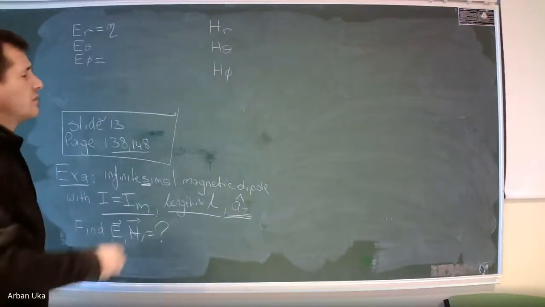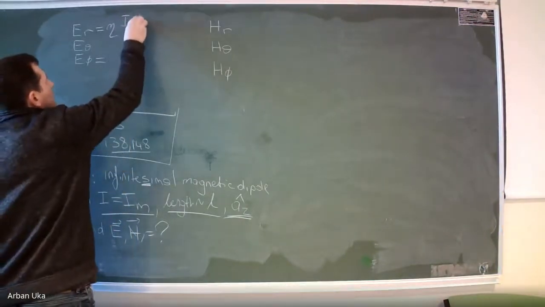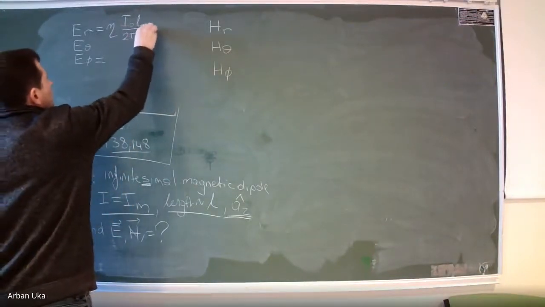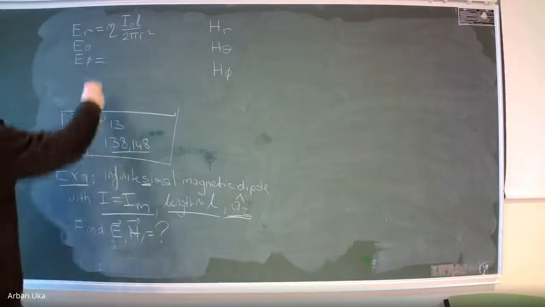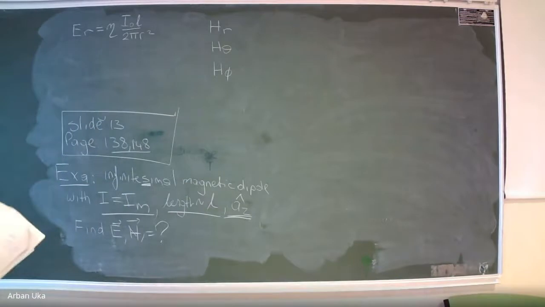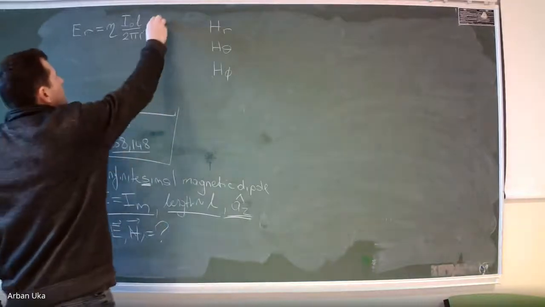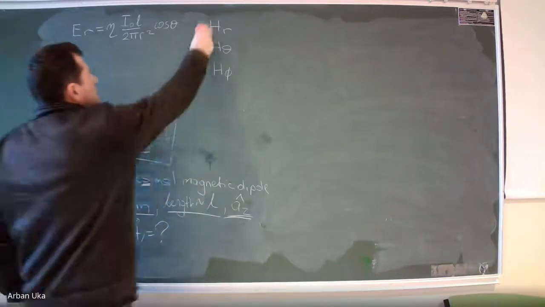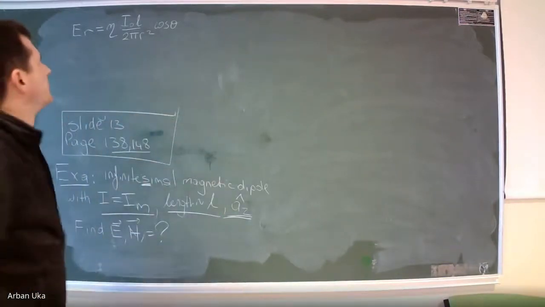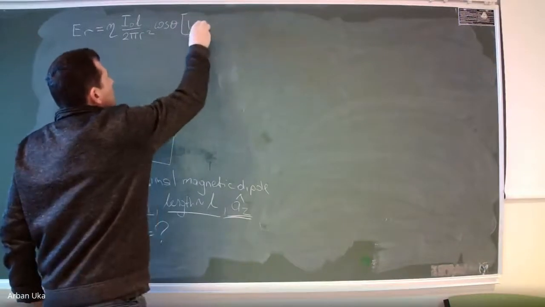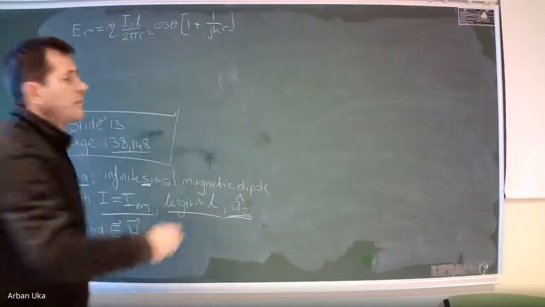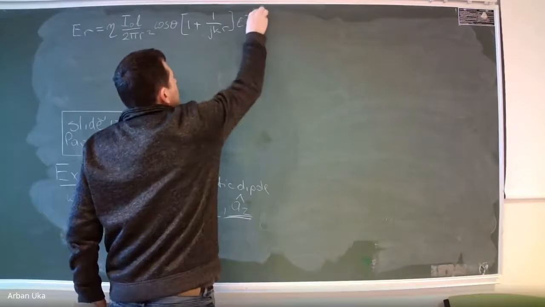So ER, it's I0L over 2 pi r squared, cosine theta, 1 plus 1 over jkr, e to the power minus jkr.